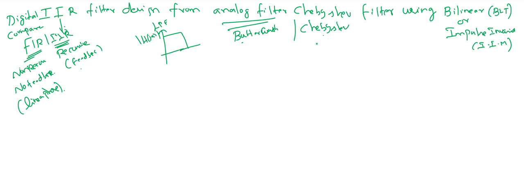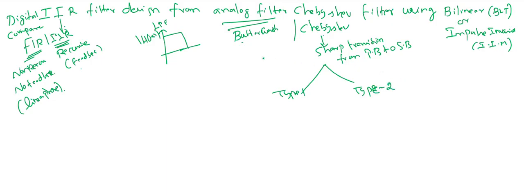So in the Chebyshev filter, there will be a sharp transition from pass band to stop band. The Chebyshev filter has two types, type 1 and type 2.